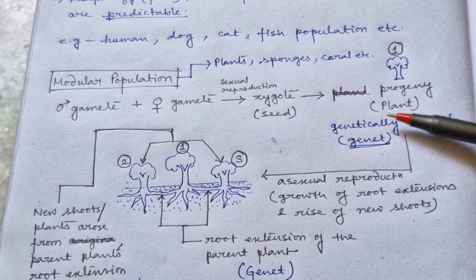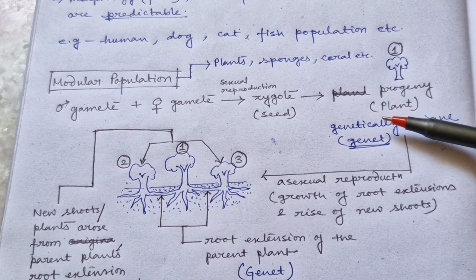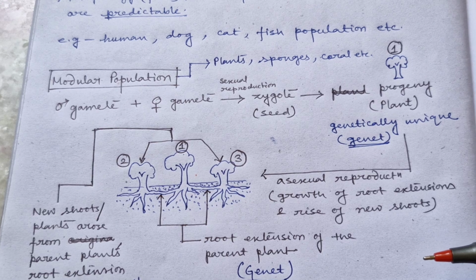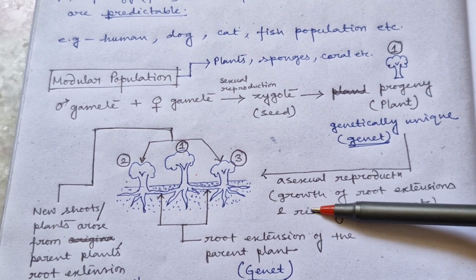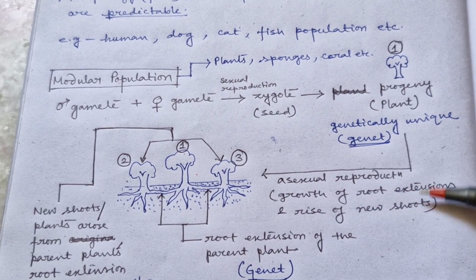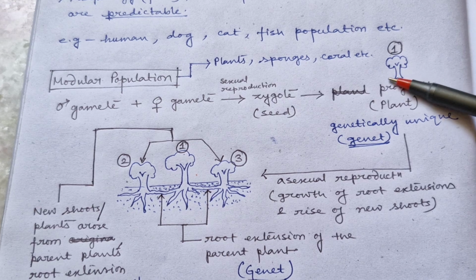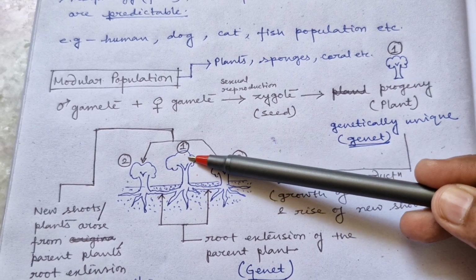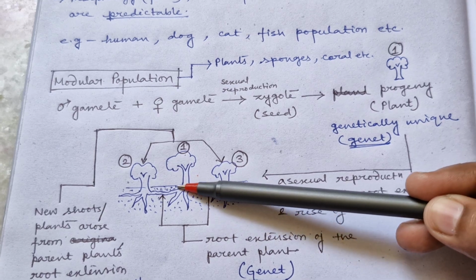But in the case of plant population, several plants do asexual reproduction. They may give out root extensions. See, this is plant one, the parent plant, which is a genet, or genetically unique. Now this plant one is giving off root extensions.